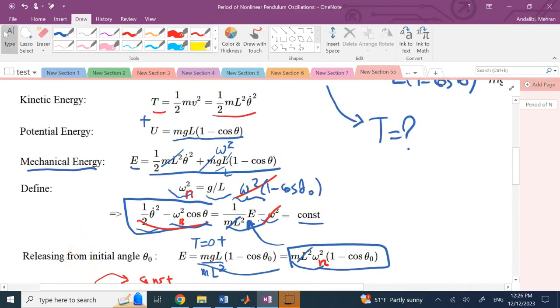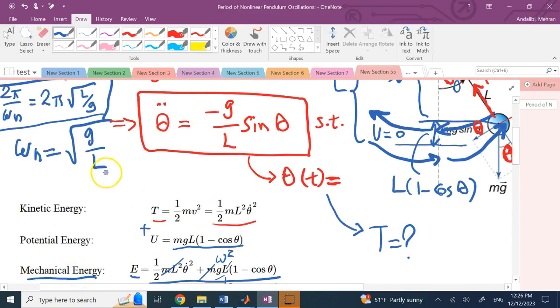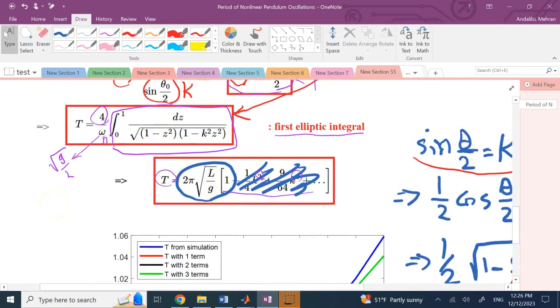Remember, I told you that for the linear pendulum, omega n is the square root of g over L. Remember, the period is 2 pi over omega, and omega n is the square root of g over L. So if you bring it up, you'll get that. You see? So the first term here, which is constant, is the period of a linear pendulum.